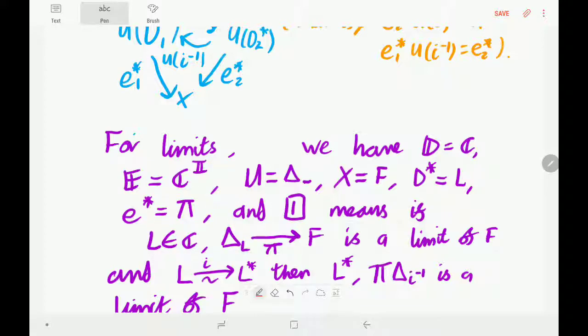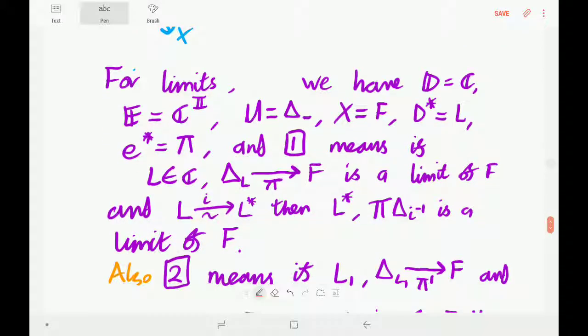So we have that pi goes from delta L to F. Our terminal morphism is then an object L of C with an arrow pi from delta L to F. Okay, so that's what a limit of F is.